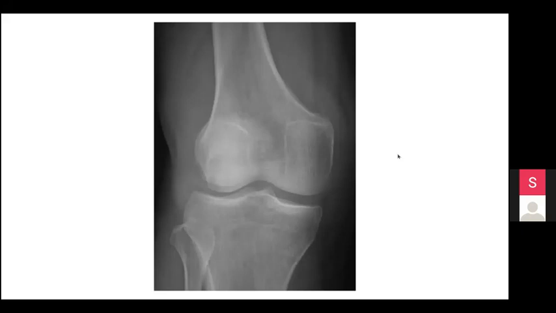These are the X-ray findings of a discoid meniscus. Very non-specific findings, but once you see a discoid meniscus on MRI, go back and look at the X-ray, you may appreciate these features. Is there any flattening of the lateral femoral condyle here?